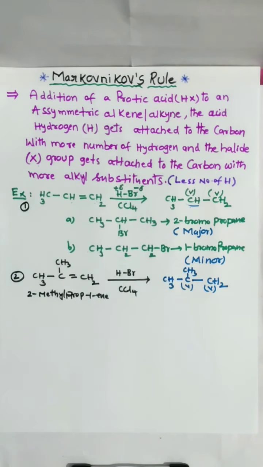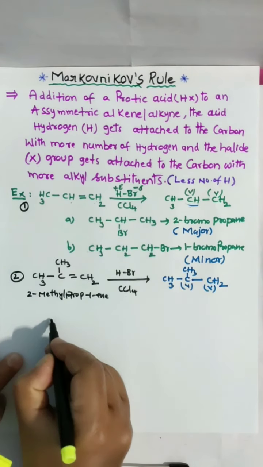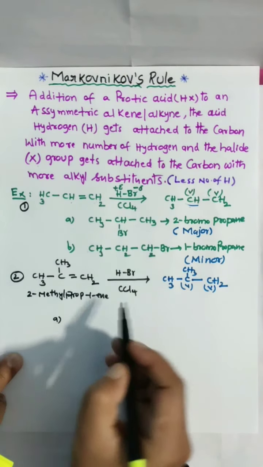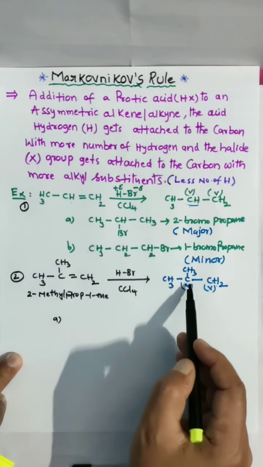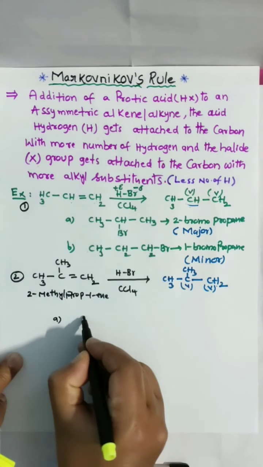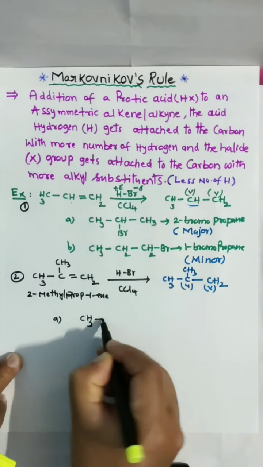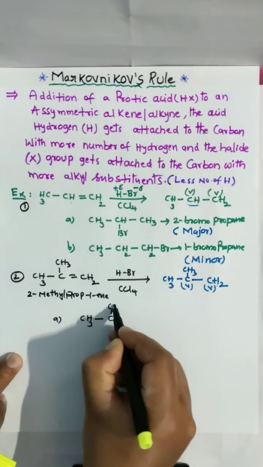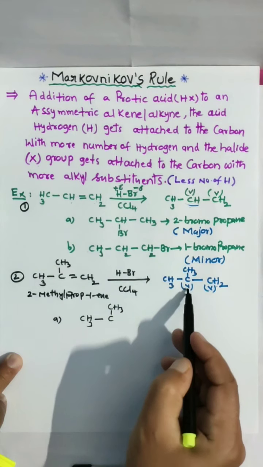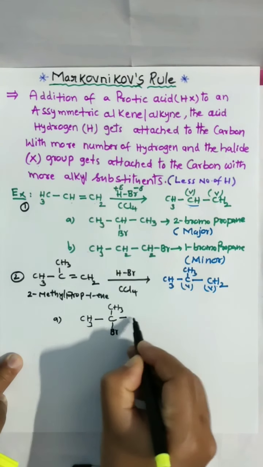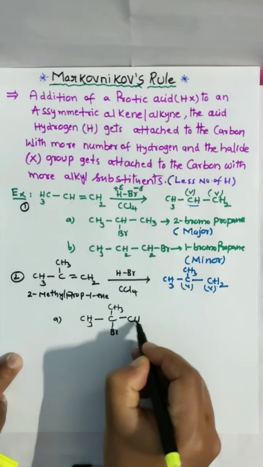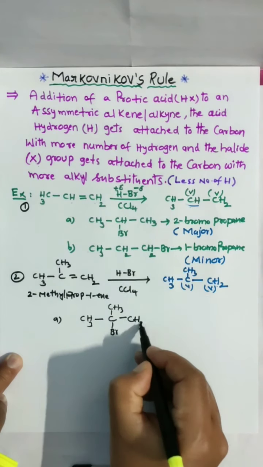Now two products you are writing. See, product 1 I am writing. First hydrogen attacking here, bromine here. So CH3 bond C, CH3. Here one vacancy we are filling with bromine, bond CH2, and this hydrogen attacked here, CH3.